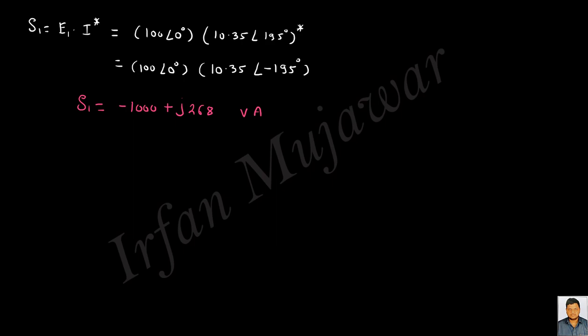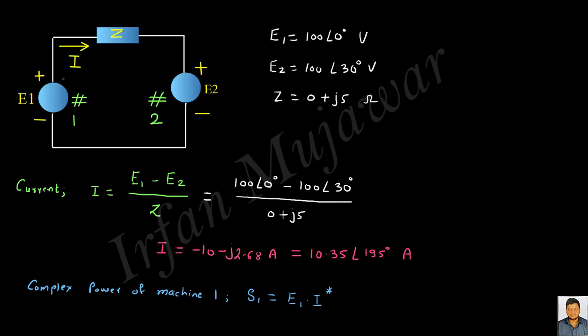Now what is this real term? This term is the active power P, and this term is the reactive power Q. As we can see, here we are getting a negative sign. As per this convention, we are assuming machine 1 to be a generator and machine 2 to be a motor.